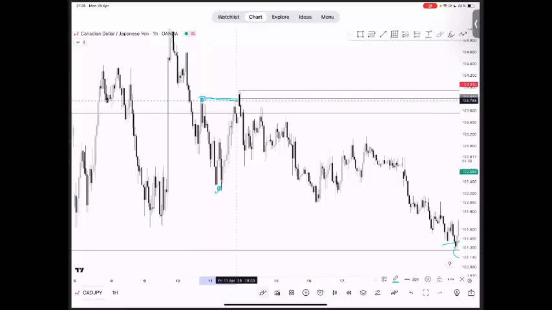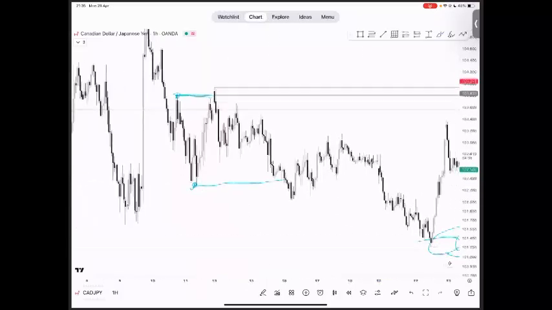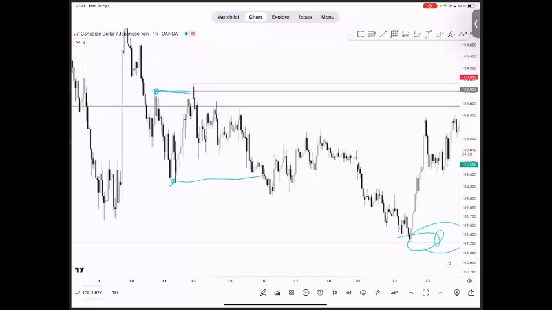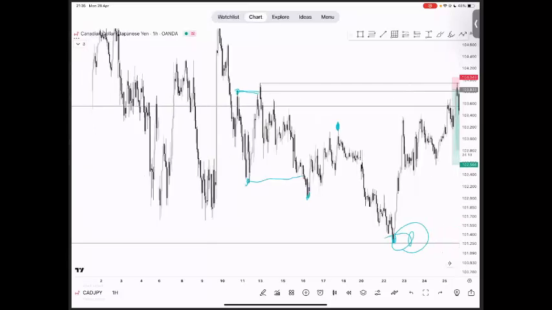Now, after the sweep of liquidity, it went ahead to put in a new low. After putting in this new low, we had a pullback to the upside, which created this lower high that created another lower low. At this point, you now agree with me that this is like our type A structure.